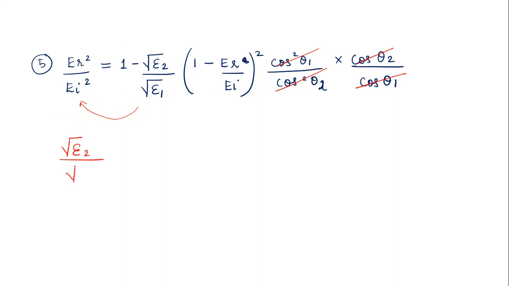Root of epsilon 2 upon root of epsilon 1, bracket 1 minus ER upon EI, the whole square, cos theta 1 upon cos theta 2.